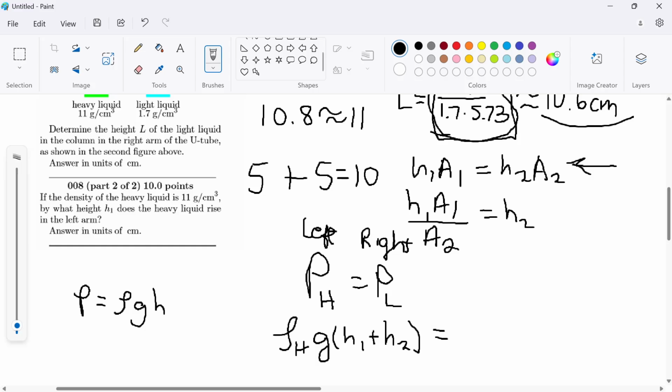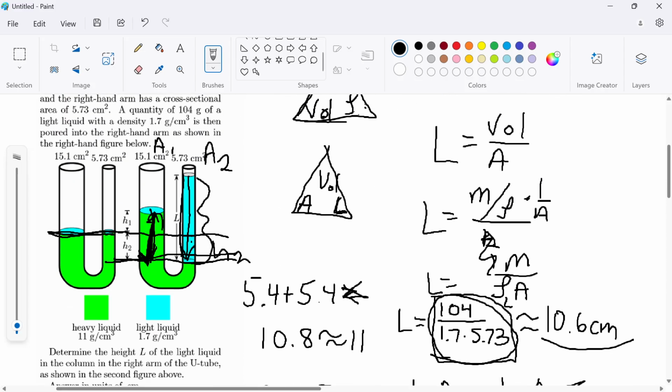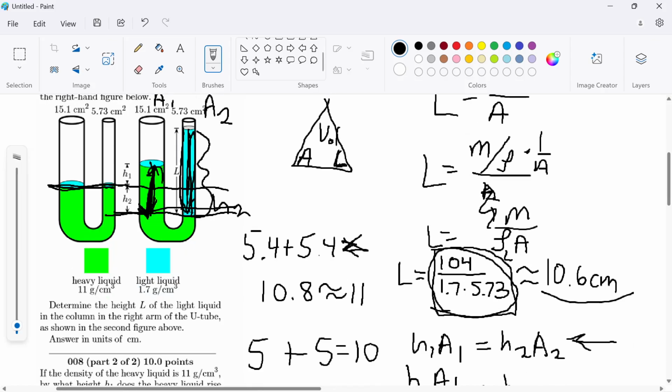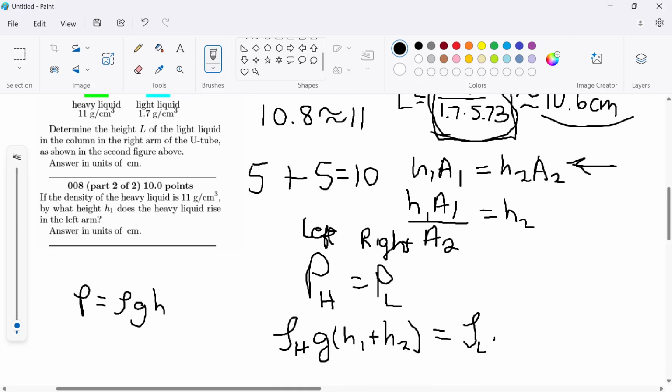And that's going to have to equal the density of the light liquid times its height, also pulled down by gravitational acceleration G.